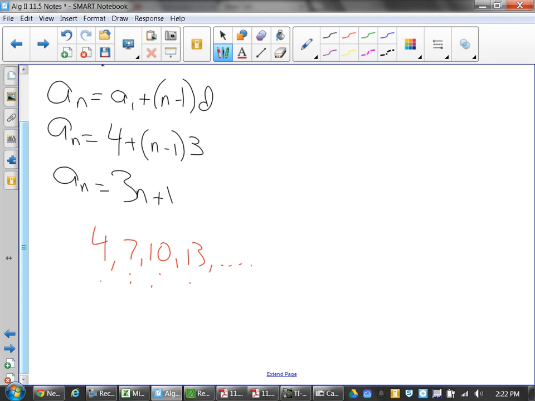The recursive rule, you have to always write out 2 things. When they ask you to write out this formula, you always start by writing out a sub n and a sub 1. Recursive rules have to know where they start from.